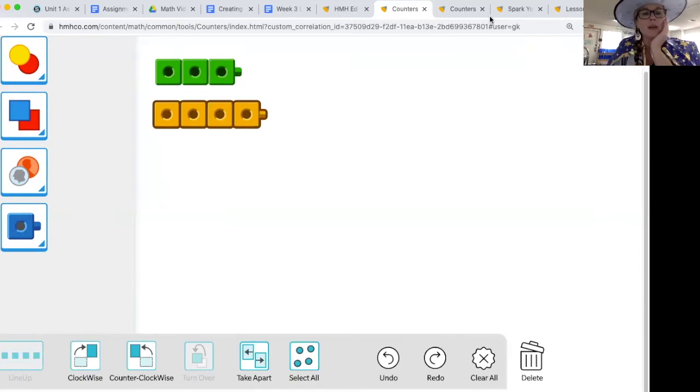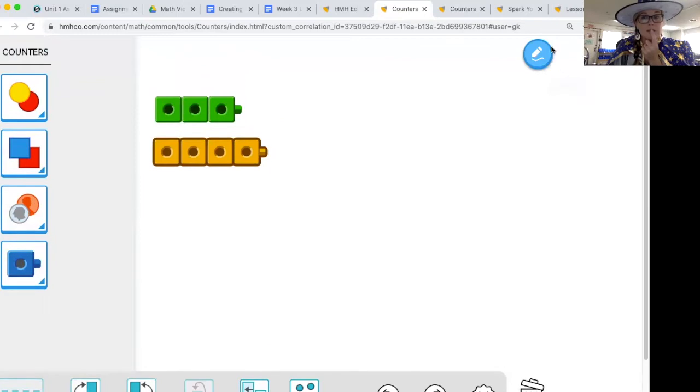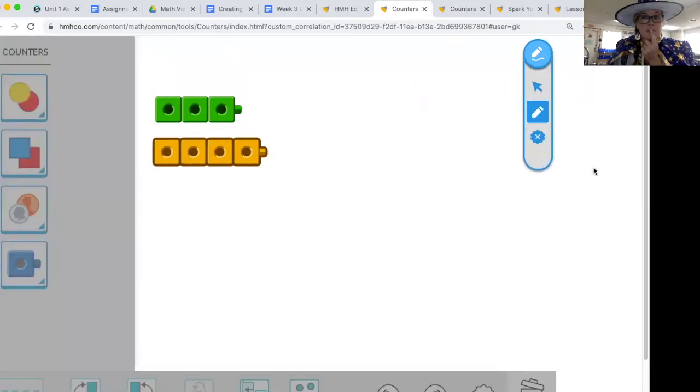All right, here we go. The green group, is it greater or less? Let's compare. Green, greater or less? What do you think? Let's draw.